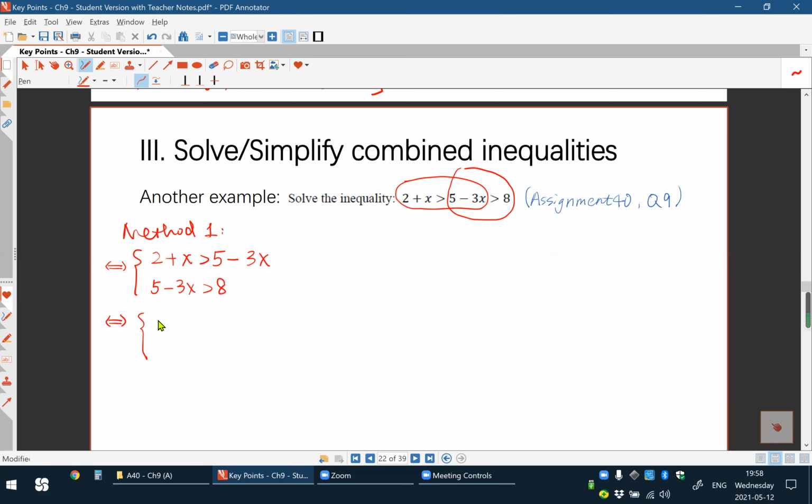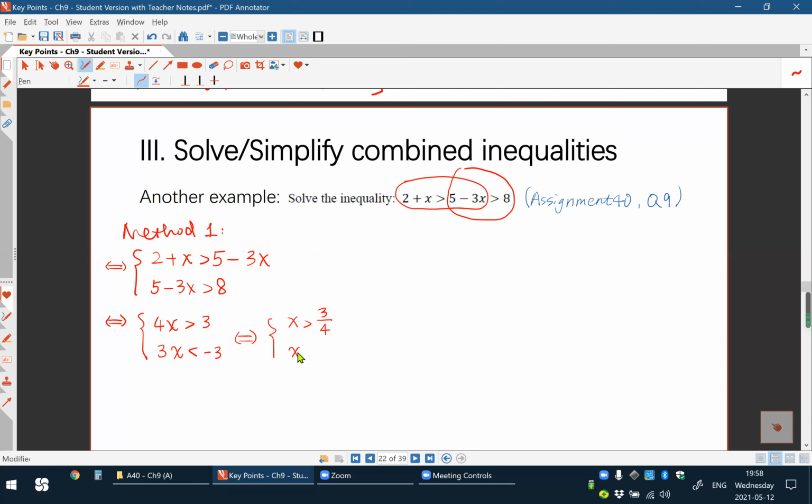First one is 4x greater than 3, right? And second one is 3x smaller than minus 3, right? Okay, so this is equivalent to, first x is greater than 3/4, right?